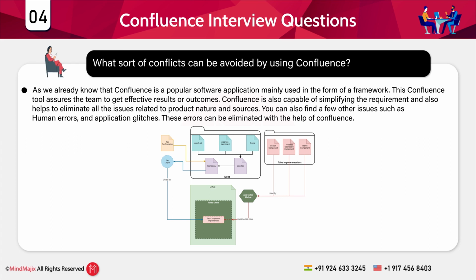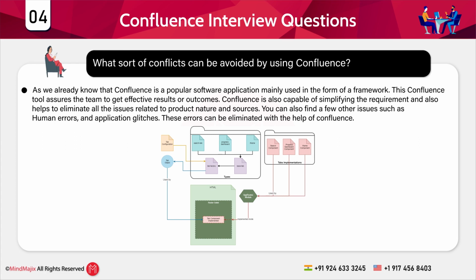Second, you can also find a few other issues such as human errors and application glitches. These errors can be eliminated with the help of Confluence. When you design or draft a project in Word, PowerPoint, or even Excel, there are chances of error because these are all document formats where you type, you write, and you create something.